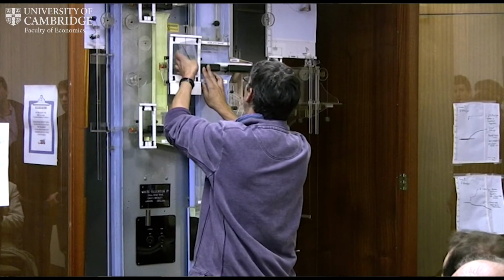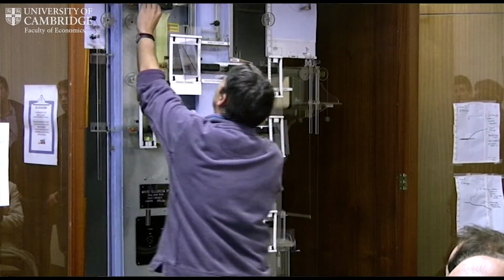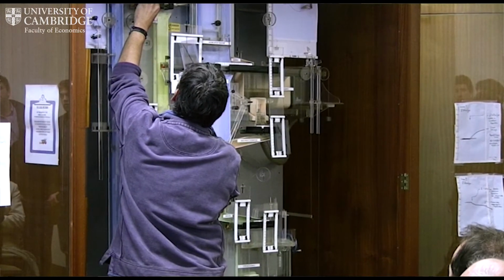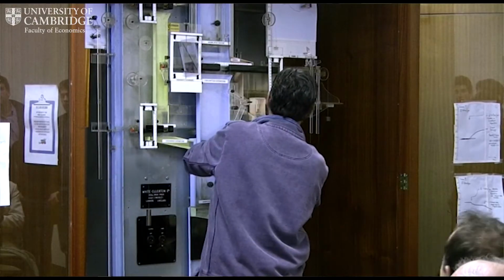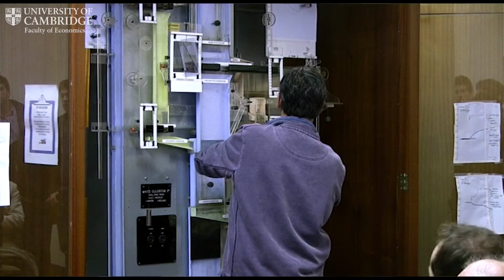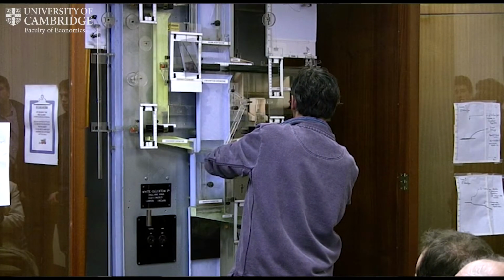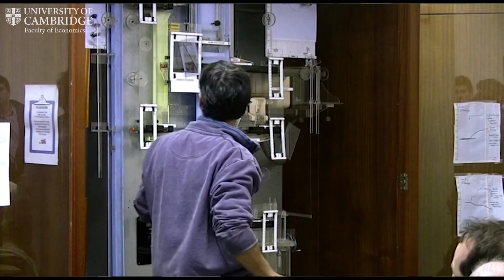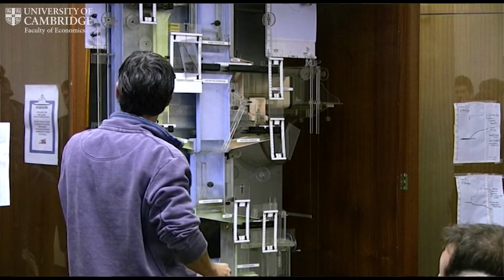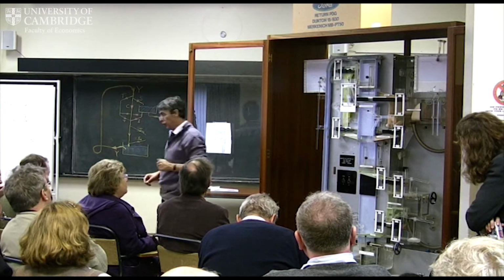I'll run a balanced budget of 2, 1. I don't need this in because interest rates are going to be pegged. And we'll settle to a new equilibrium, and I'll do this experiment with the accelerator.